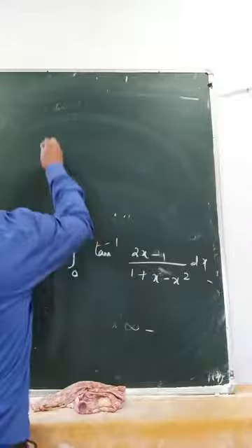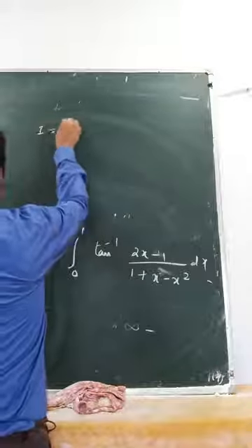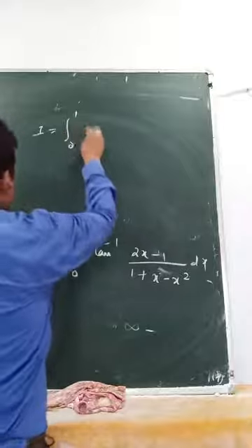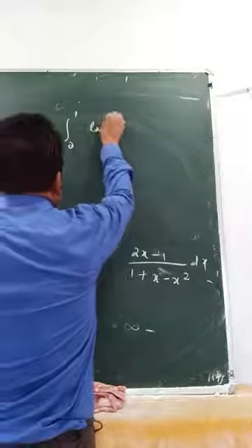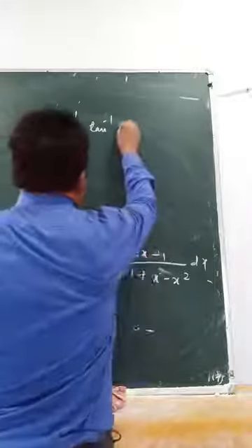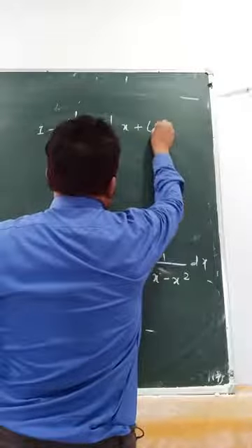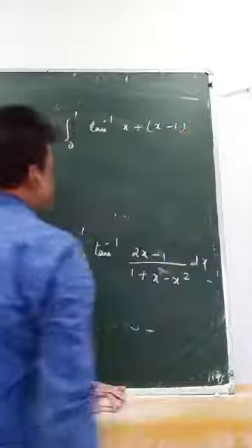That is I equals 0 to 1 tan inverse. Can you write 2x minus 1 as x plus x minus 1? You can write.